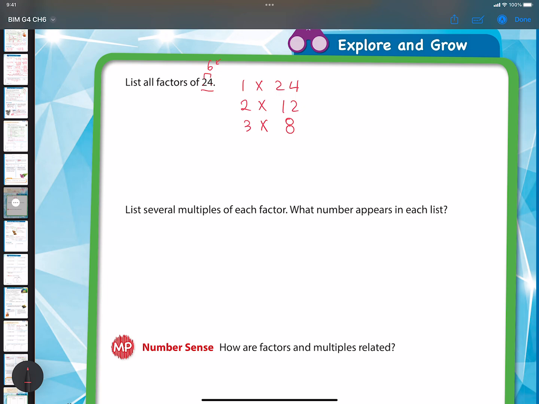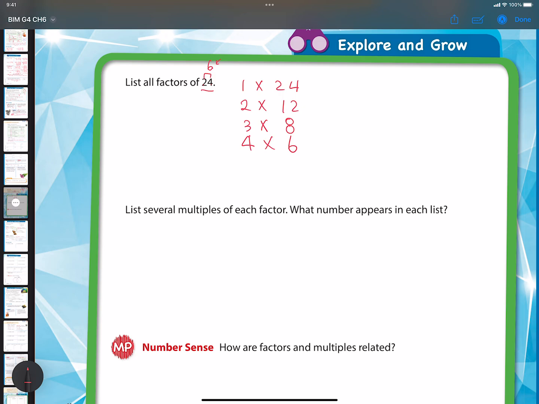And what else? Yes, this is divisible by 6 as well, since this is a multiple of 3 and an even number. Okay, it can be 4. So 4 is also, right? So 4 times 6. Yes, sorry, 6 times 4 is what? And 4 times 6 is also 24. All right.